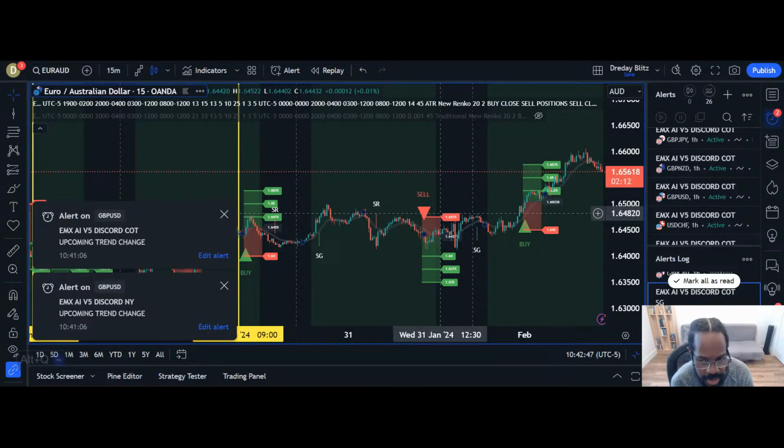You can increase the amount of pairs that you're able to trade, and it's going to do the same thing.